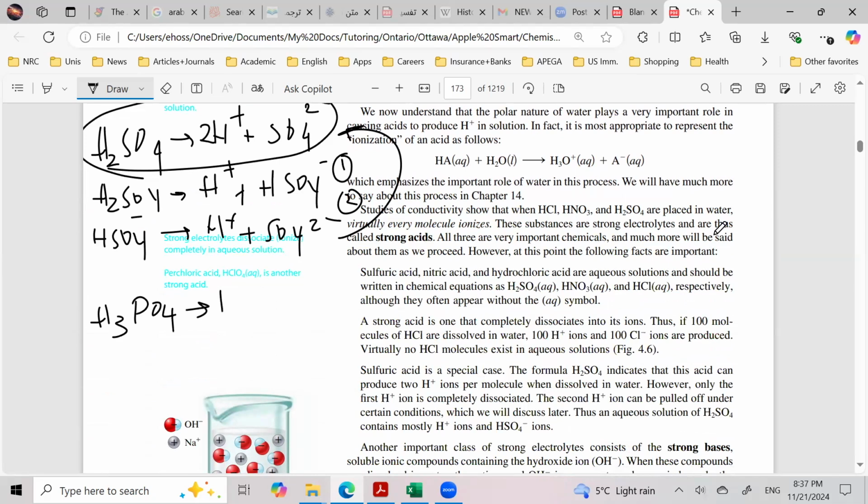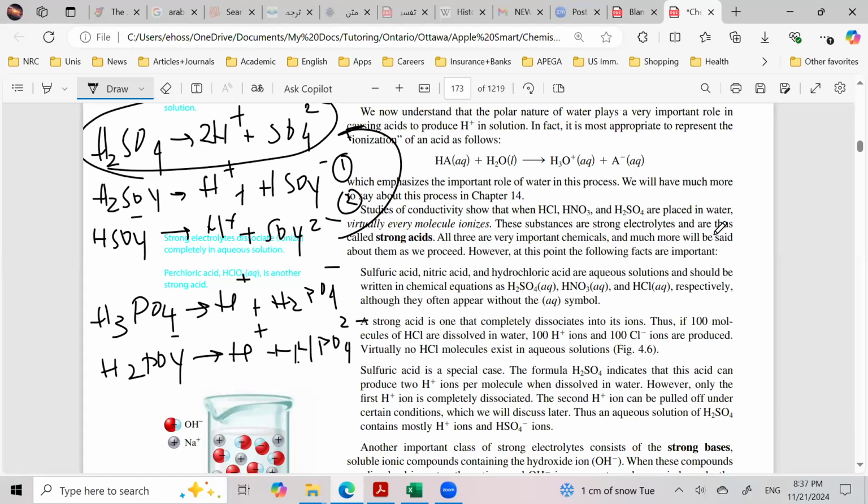So if you put phosphoric acid, it loses one hydrogen in step one, so it has H2PO4 1 minus. When you have H2PO4 1 minus in water, it's going to lose another hydrogen, which turns into HPO4 2 minus. As you can see, the negative sign actually is rising, from 1 to now 2. HPO4 2 minus, in water, releases another hydrogen, turns into PO4 3 minus.